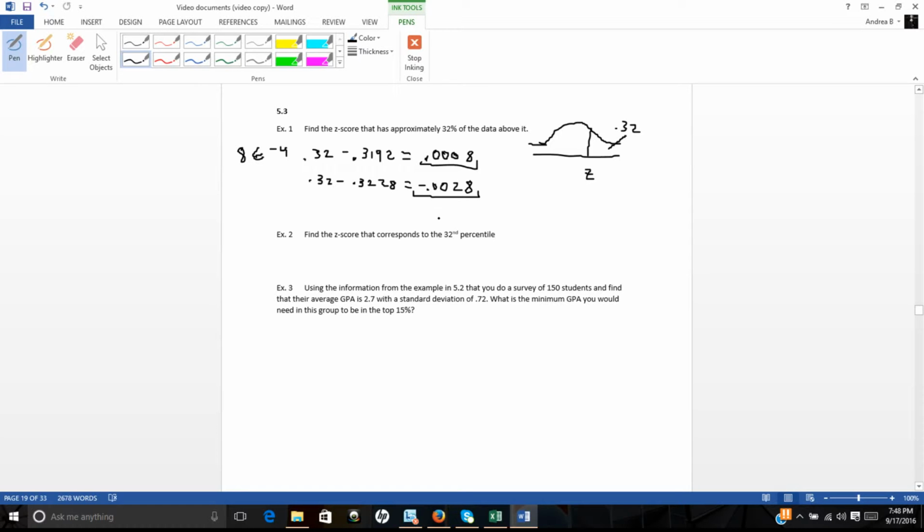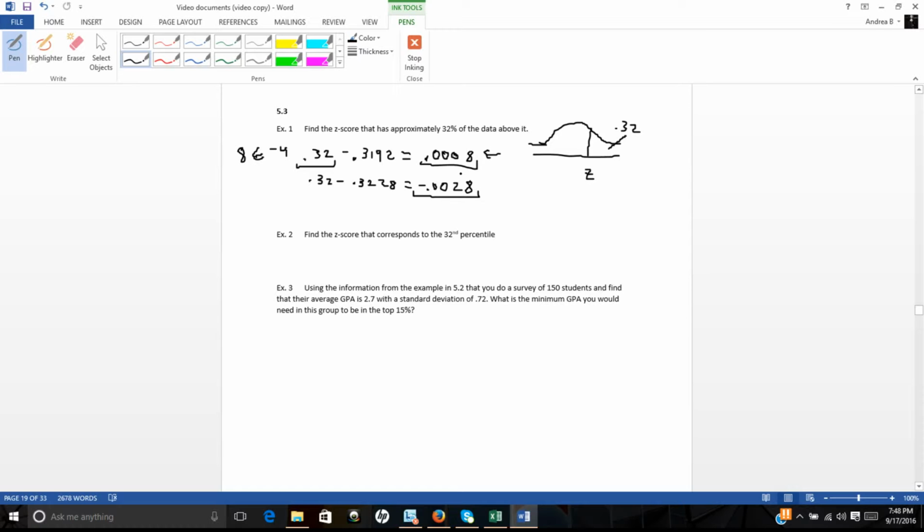So it doesn't matter if it's negative or positive, you're looking for which one's closer to 0, because then that means it's closest to this 0.32. So in this case, this one is definitely closer, really, really close to 0 in terms of that value.